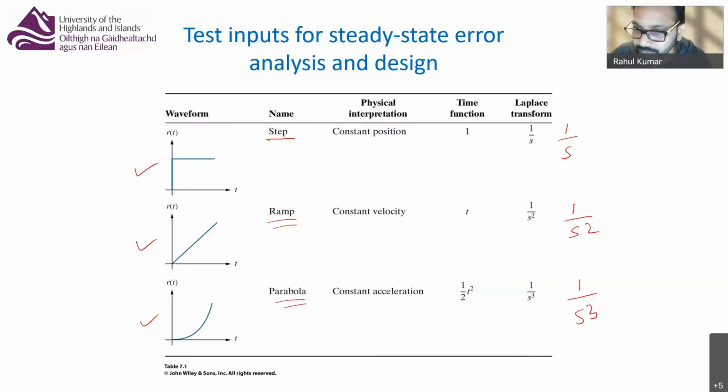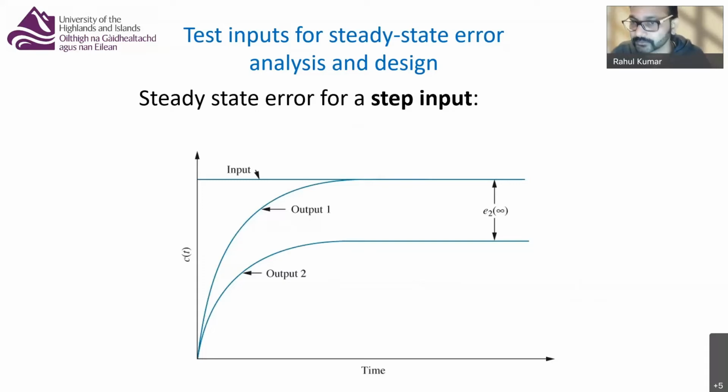So let's take step input first. For step input, I have put two outputs, right? Your input is this one. It is stable.